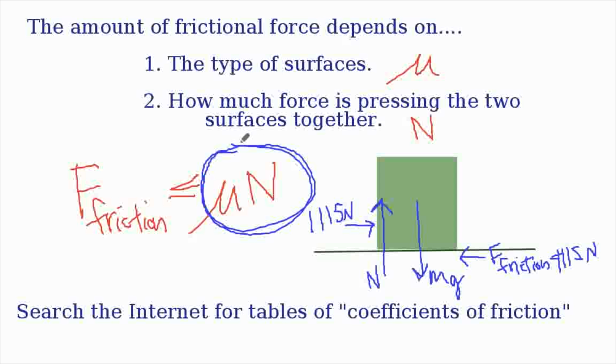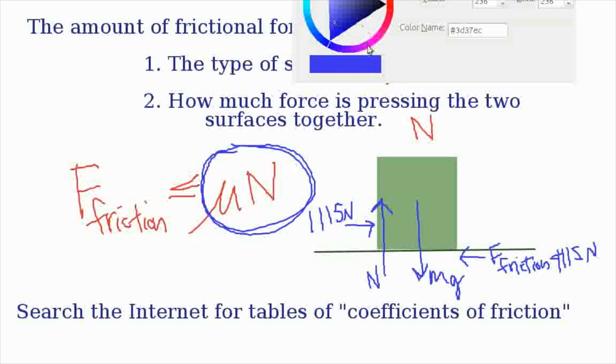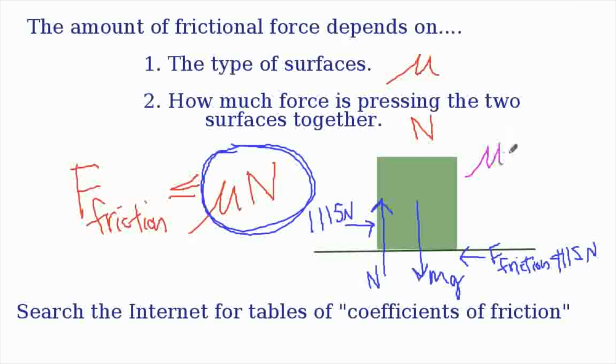So, for example, suppose you looked up in your table of the coefficients of friction, and suppose that for this example the mu was 0.2. And suppose this box was 100 kilograms. So the gravity would be 100 times 9.8, about 1,000 newtons roughly. It's actually 980 if you want to be exact.